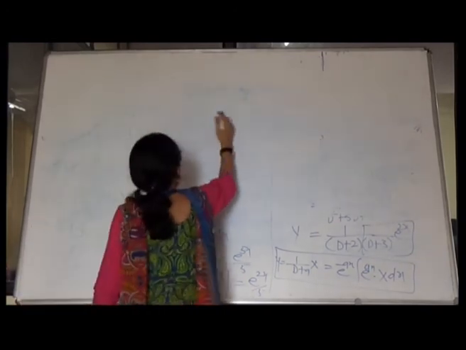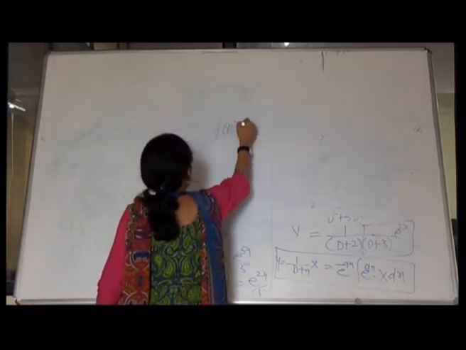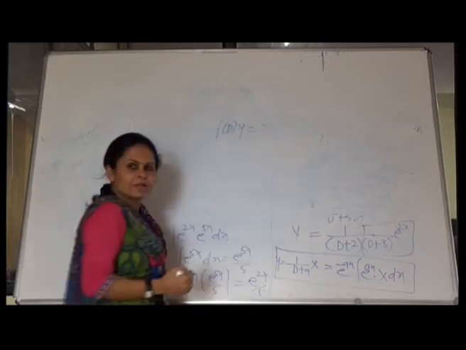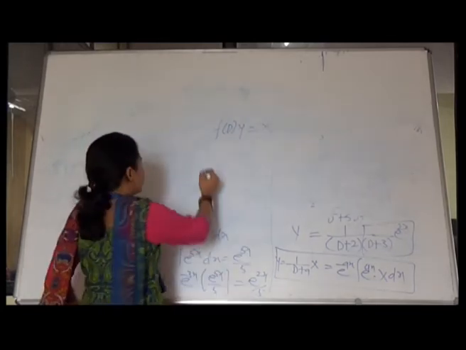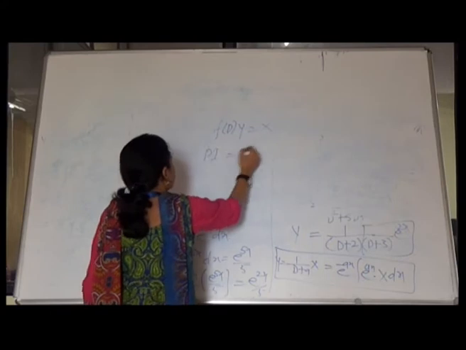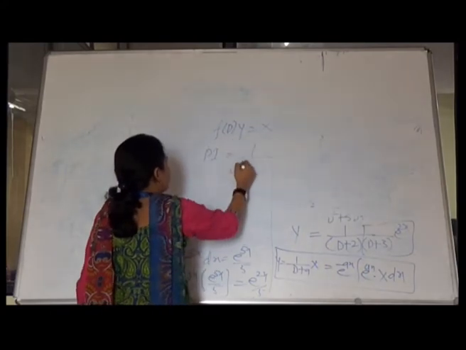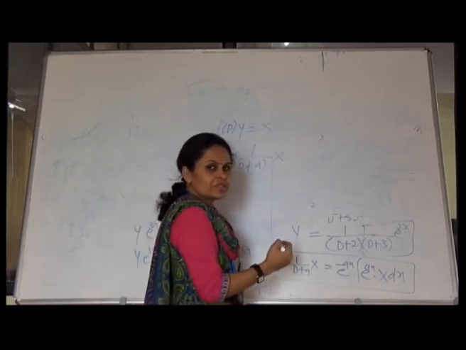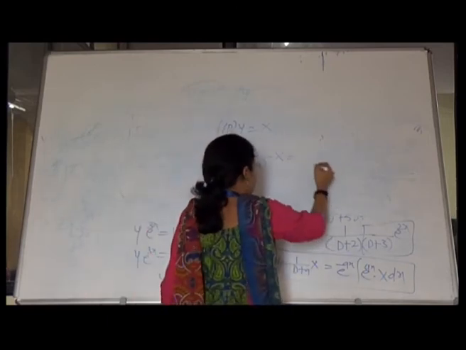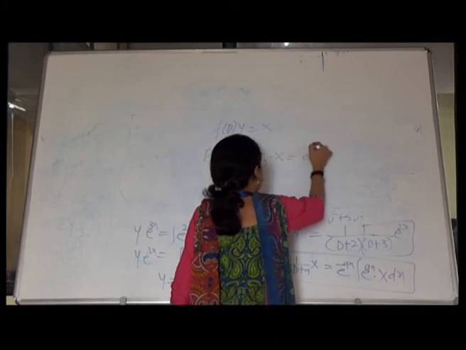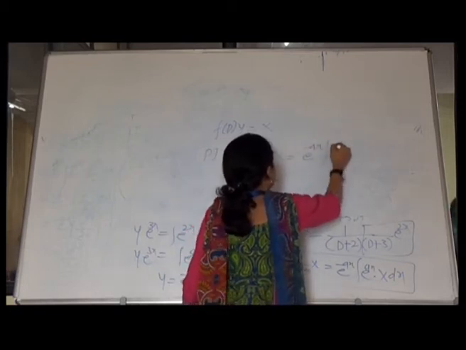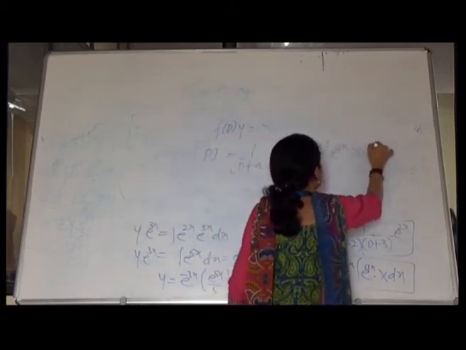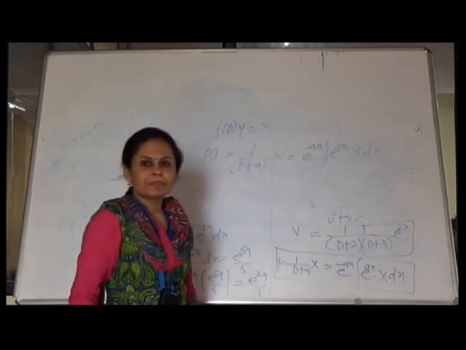Let me write f of D operated on y is equal to X, then PI is given by, if the factors of f of D are D plus a operated on X, then what is the answer? We get the answer as e raised to minus ax integral e raised to ax into capital X into dx.